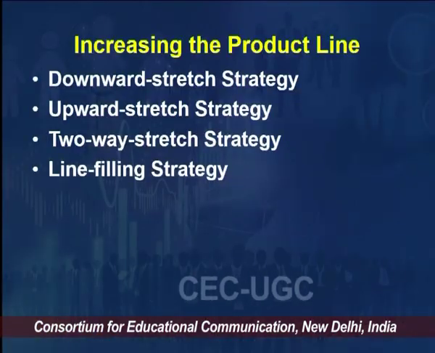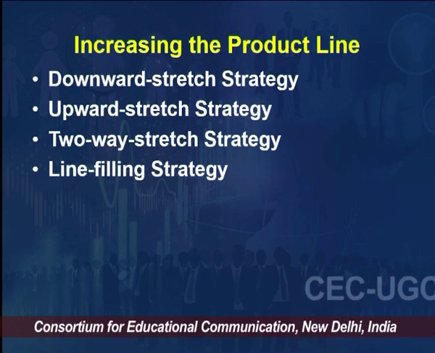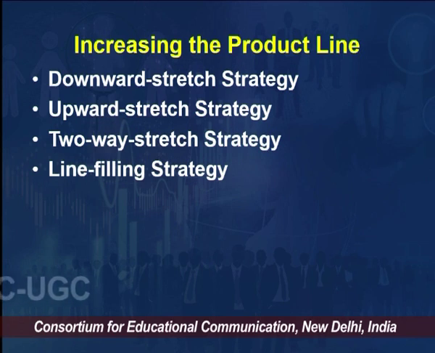And you are also offering your product at a lower price, at a very moderate price, or a very reasonable price. I won't call it a cheap price, I would say reasonable price, and that reasonability becomes the point of downward stretching. So when you are increasing the product line, there can be three strategies. One is downward stretching, another is upward stretching, and the third is two-way stretching, wherein you are stretching yourself both upward and downward.